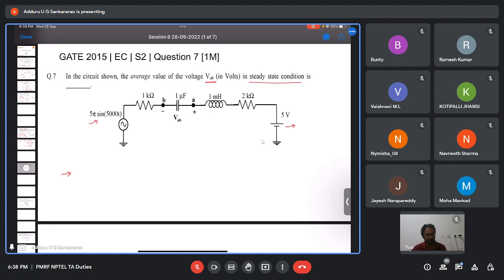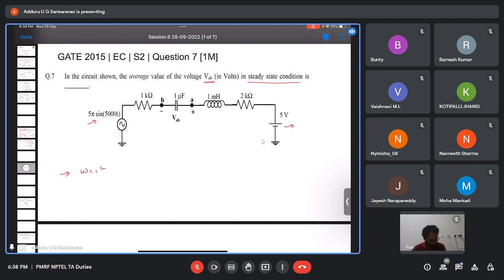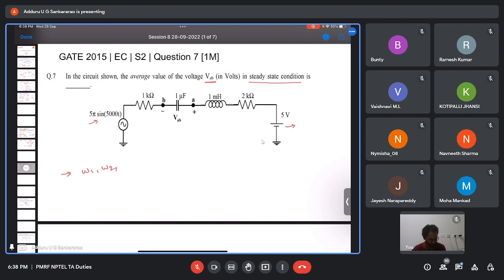But let us say in a circuit we have multiple sources, each operating at a different frequency. Then the most recommended method is the superposition theorem. Since different frequencies are there, for inductors and capacitors the impedances will change according to the frequency. So it is better to use the superposition theorem.